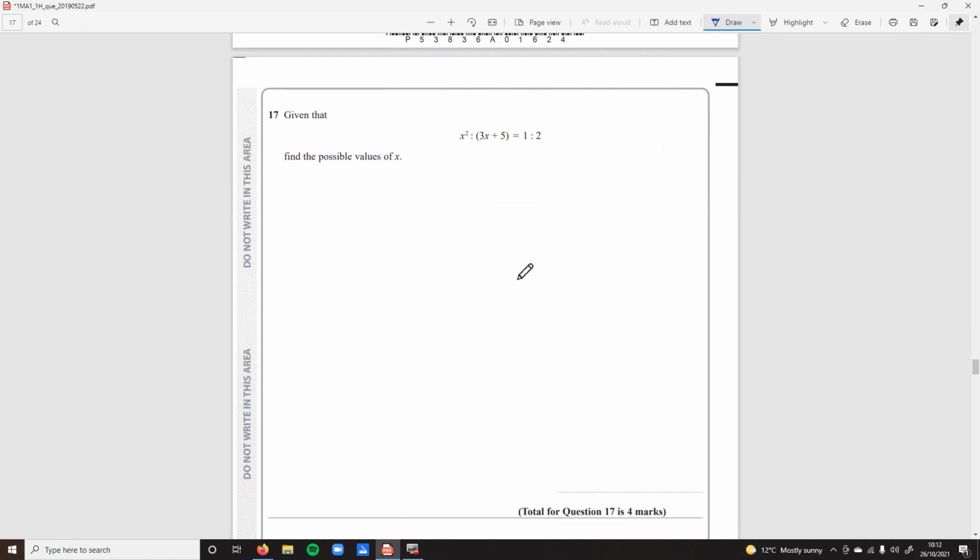Given that x squared to 3x plus 5 is equal to the ratio 1 to 2, find the possible values of x. So 3x plus 5 take away x equals 1, right? X squared, sorry, equals 1, because the difference is 1 part.